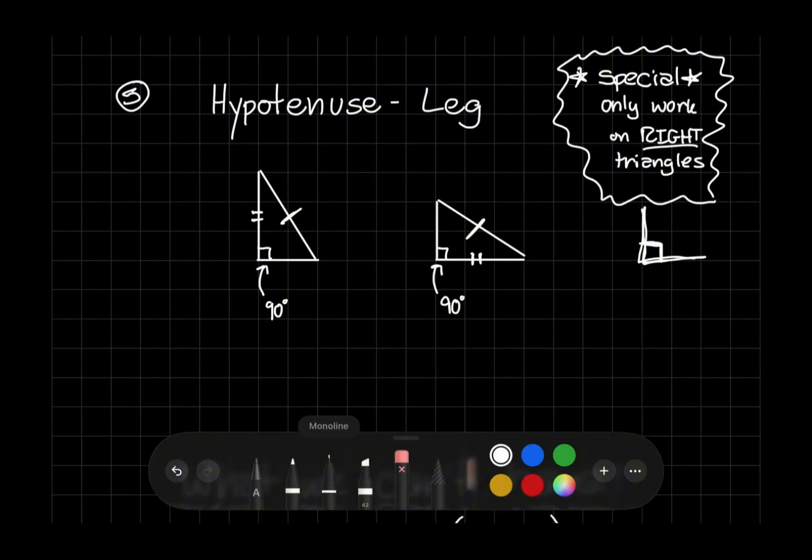Awesome. Now I can move on to my hypotenuse and leg. Your hypotenuse is going to be that line that is across from your right angle. So if you were to draw an arrow pointing out of your right angle, you would hit your hypotenuse, okay? Now let's check. My hypotenuse has one kitten whisker, and my hypotenuse over here also has one kitten whisker.